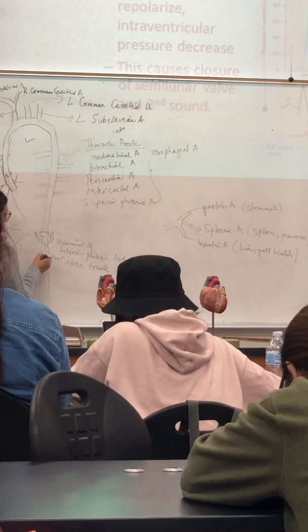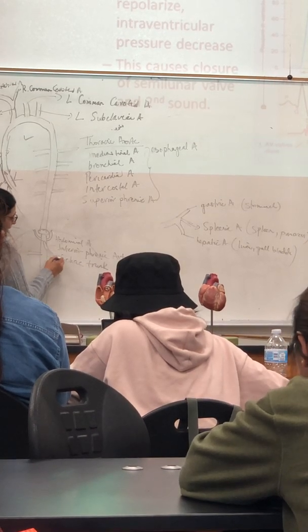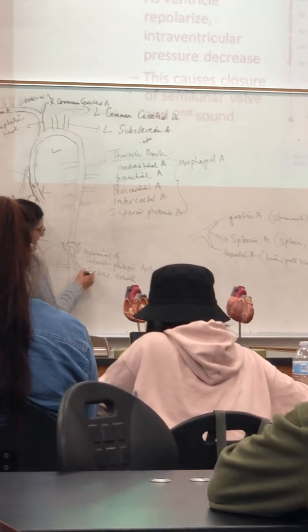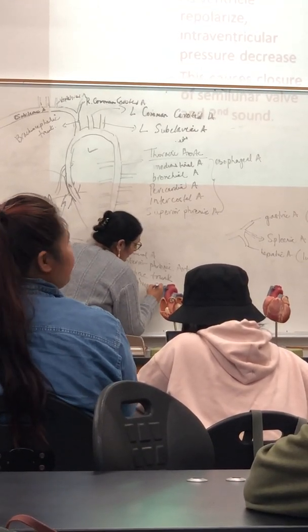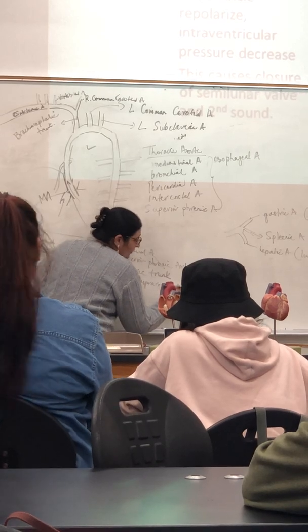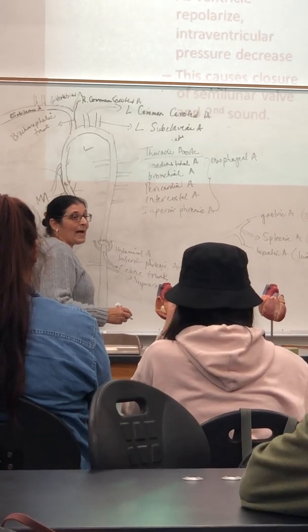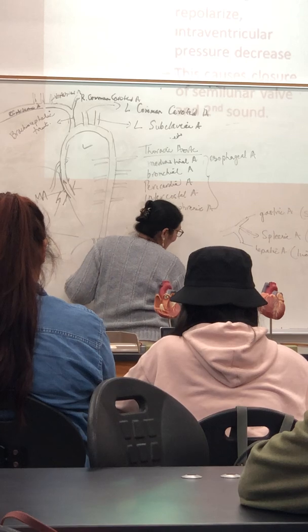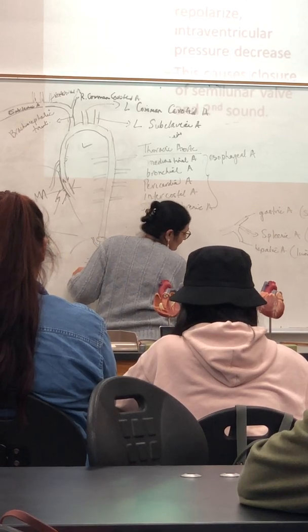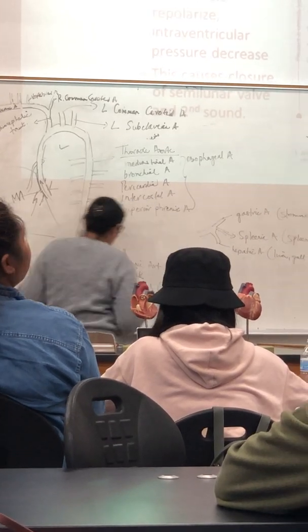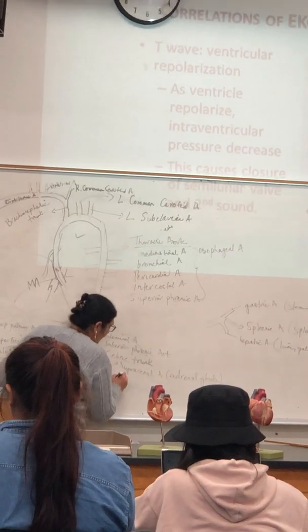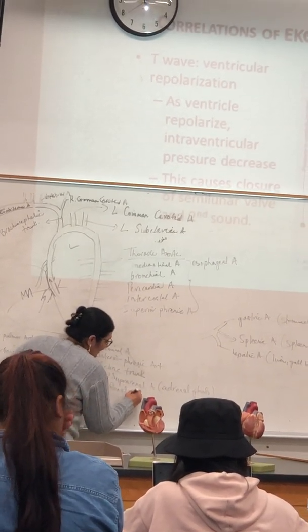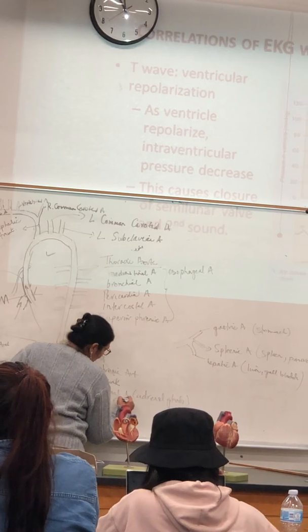Then you have 2 arteries that go out, and these are known as the suprarenal arteries, which will supply blood to the adrenal glands. Then you have 2 more branches that are going out, and these are known as the renal arteries that supply blood to the kidneys.